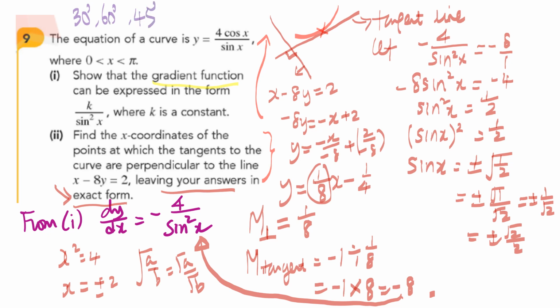Okay, right. So we have to find your reference angle first. Reference angle is a positive acute angle, between 0 and 90. So we only take the positive value of your sine x. Remember, we take only the positive value of your sine x, which is positive square root 2 over 2.